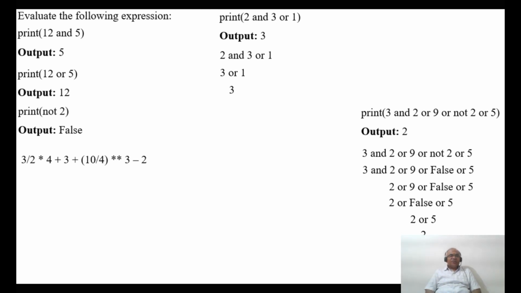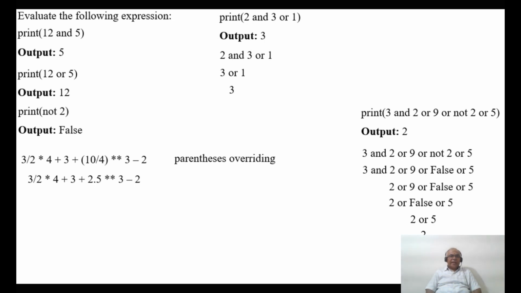Then in the next expression, consider 3 / 2 * 4 + 3 + (10 / 4) ** 3 - 2. Since parentheses have the overriding priority, first it will evaluate these two.